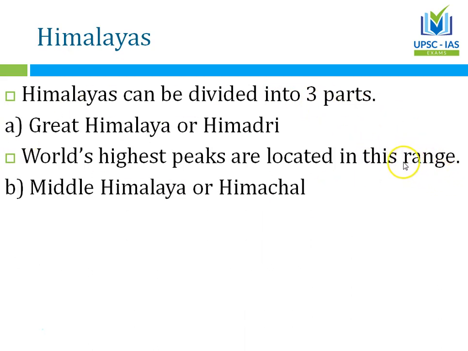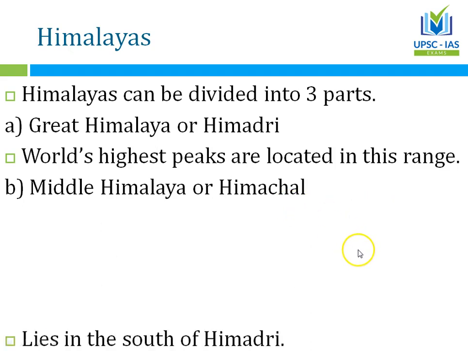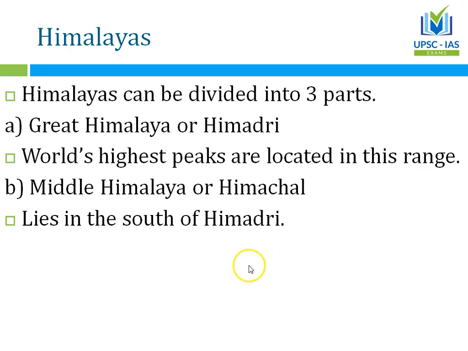The second part is Middle Himalaya or Himachal. Now from the name Himachal, I'm sure you have figured out that Himachal Pradesh, or parts of Himachal Pradesh, are falling in Middle Himalayas. This part lies in the south of Himadri. So in the northernmost part we have Himadri, Great Himalaya.